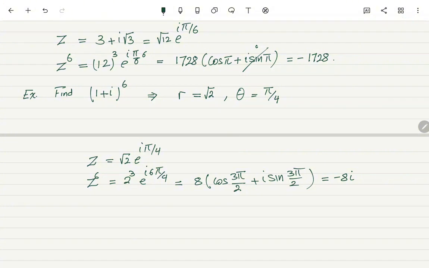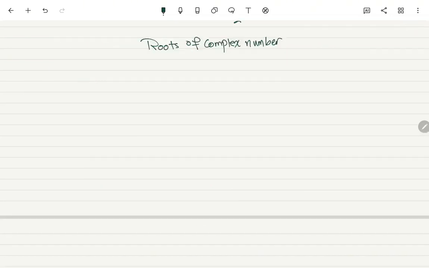Now, the roots of a complex number are almost the same as the powers of complex numbers, with some modifications. As we defined, z equals r e to the i (theta plus 2m pi), and remember m equals 0, plus or minus 1, plus or minus 2, and so on.